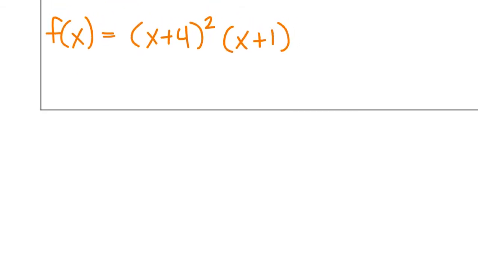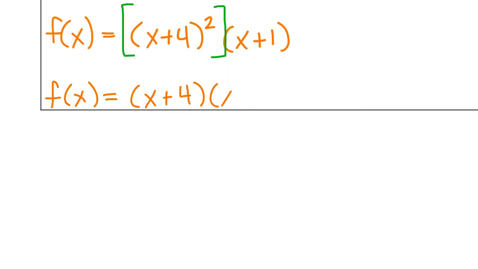I'm going to start by only doing the part that I'm putting in green brackets. When something is squared, it's technically there twice. And then I'm just going to bring down that last factor. I am still only looking at these two for now. I want to multiply those binomials.